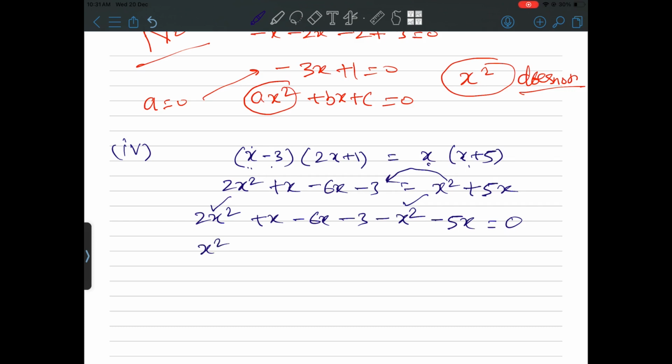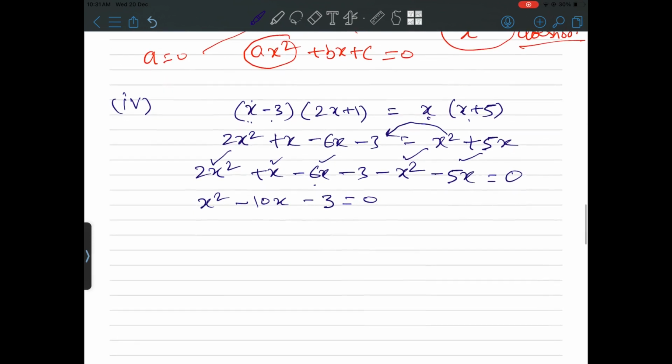Now combine the terms of x. So we see that we have x here, and x here. So we have minus 11x and plus x. It means we have minus 10x. And there is only one term which is constant, that is minus 3, is equal to 0.